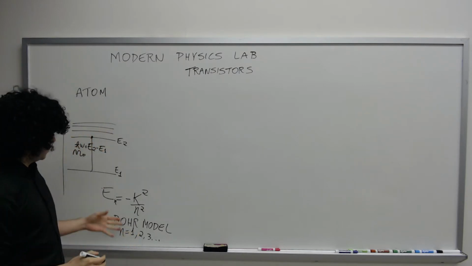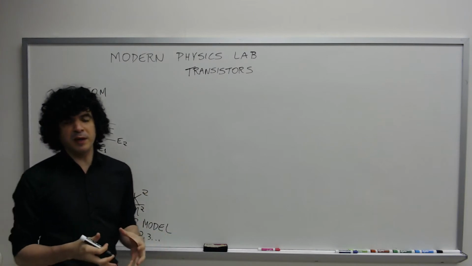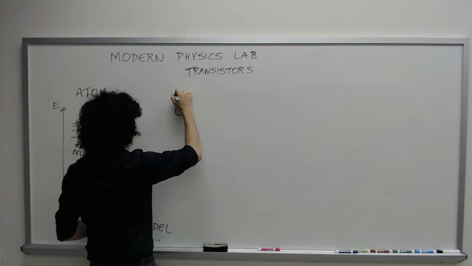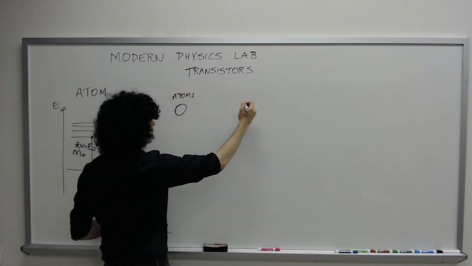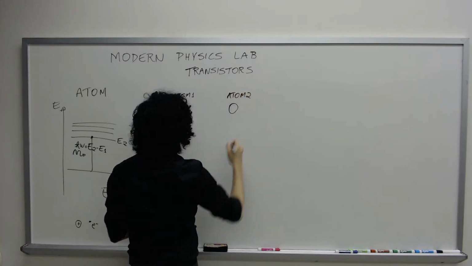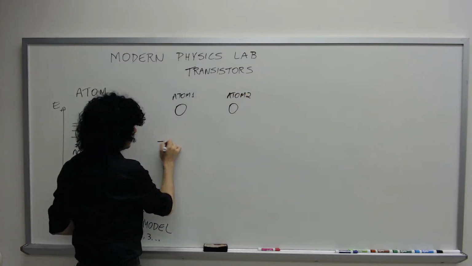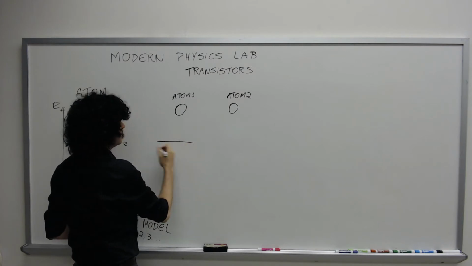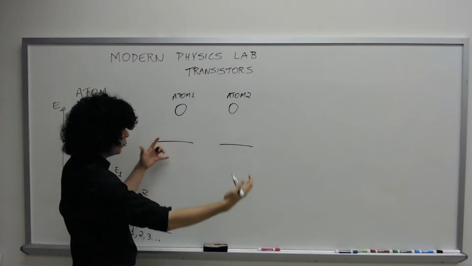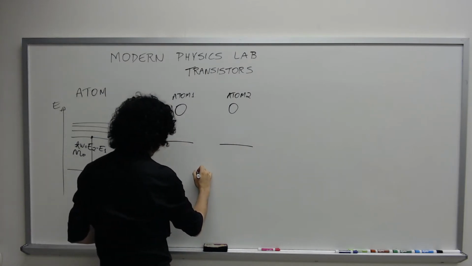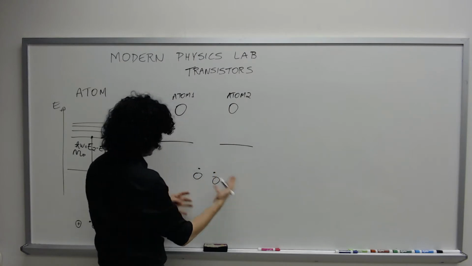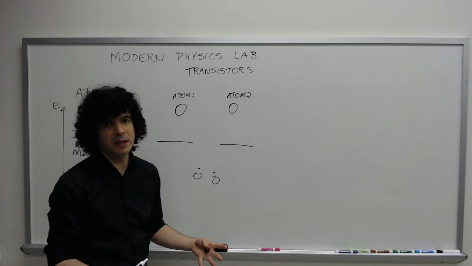You can take two atoms and bring them together and form a molecule. For example, you have atom 1, and here you have atom 2. If this is the energy level of atom 1, and this is the energy level of atom 2, when you bring them together, the electrons in atom 1 and the electrons in atom 2 will be shared now.